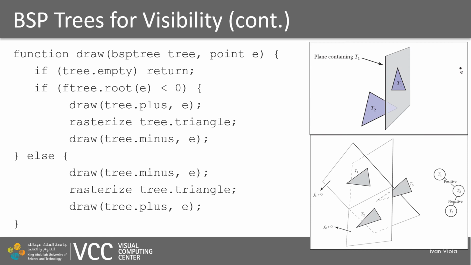Let's have a look at this scenario where we have one triangle, T1, which is defining the partitioning plane, and then we have a triangle 2, and then we have the eye point. Obviously, the triangle 2 and the eye point will have different evaluation.